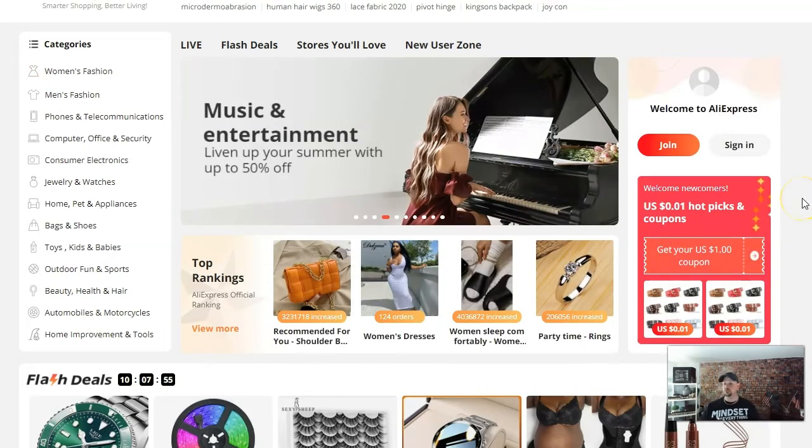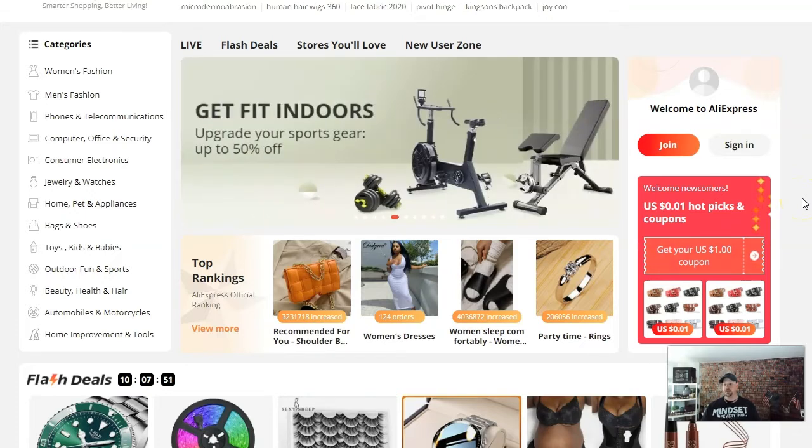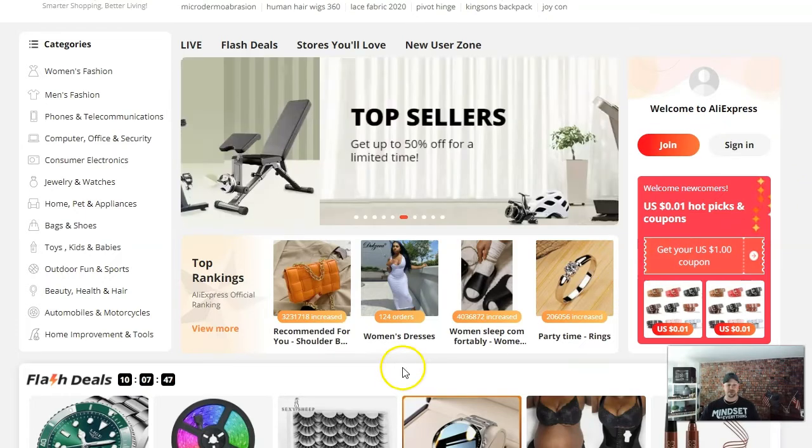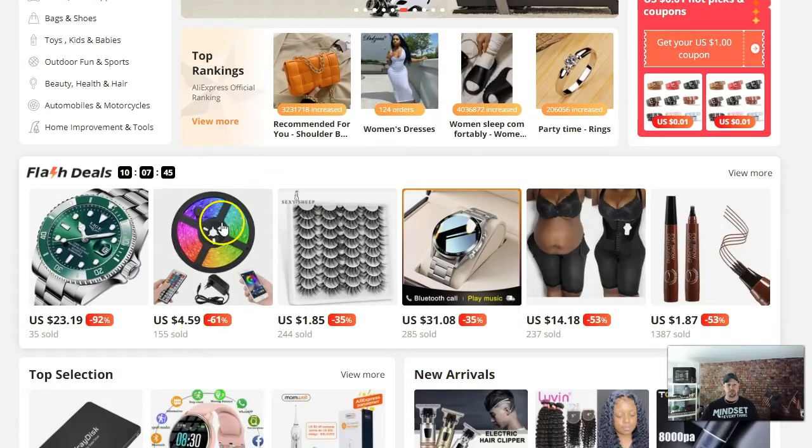The problem you're going to run into with drop shipping on AliExpress is everybody's doing it, and the shipping time is ridiculous. If you place an order today for this right here, these LED lights, which are pretty popular, you can sell it, right? And you don't pay on drop shipping until the person places that order. The problem is it's probably going to take anywhere from 30 to 50 days from your order to when the customer receives it in the United States.